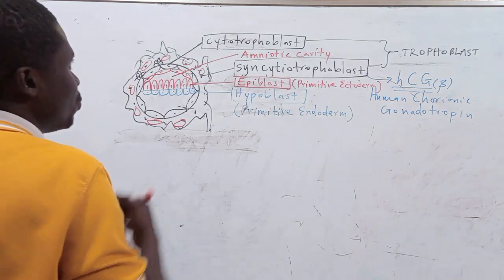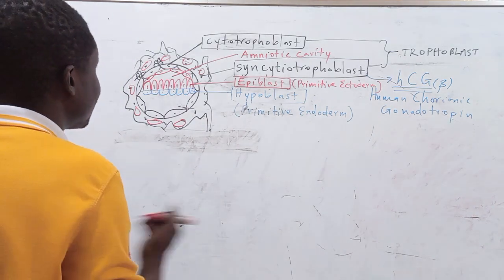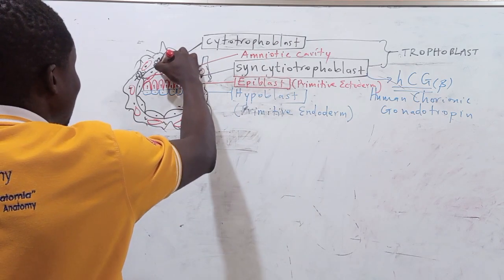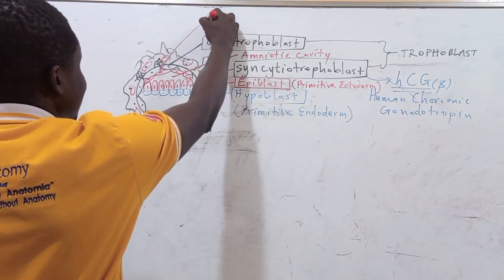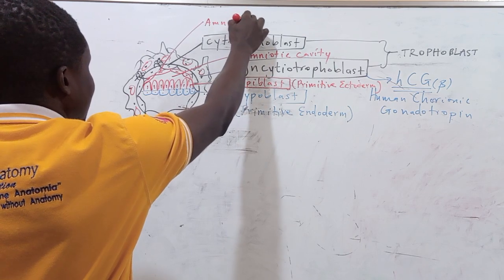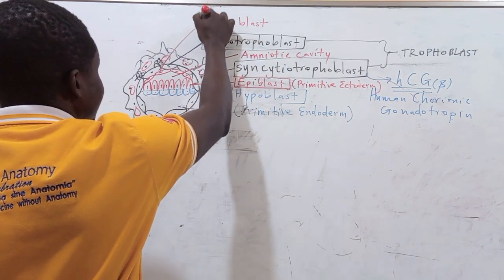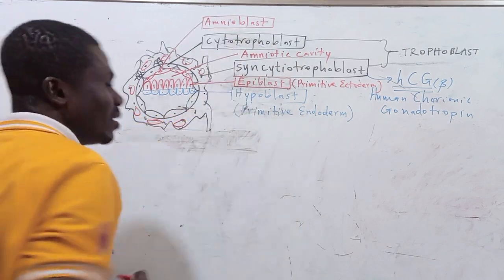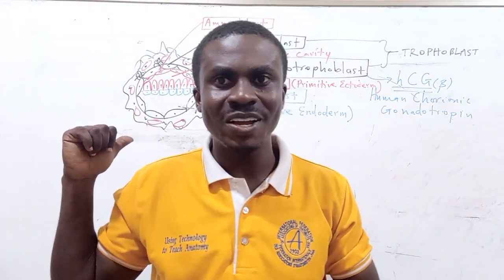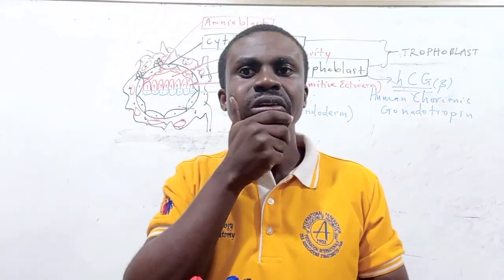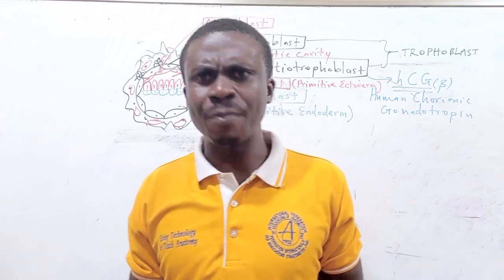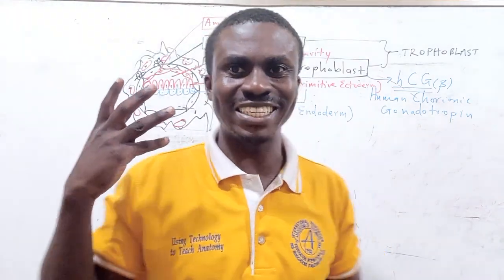So my friends, you may also see amnioblasts. These guys, I'm calling them amnioblasts. So amnioblasts came from where? From cells of the epiblast. My friends, either you call them amniogenic cells or amnioblasts. Yes, that's what we see.